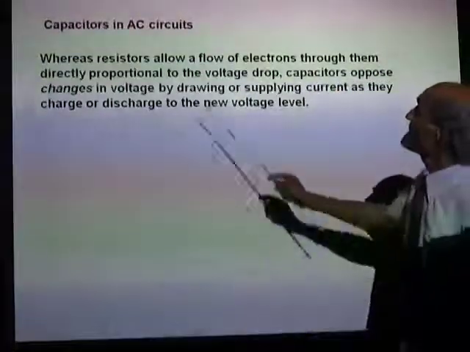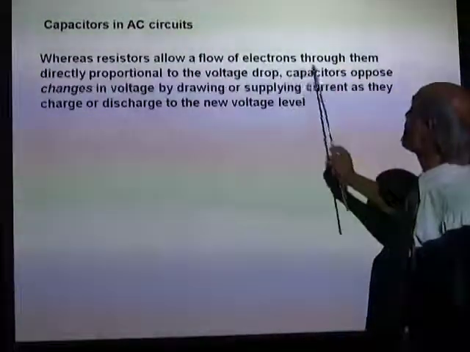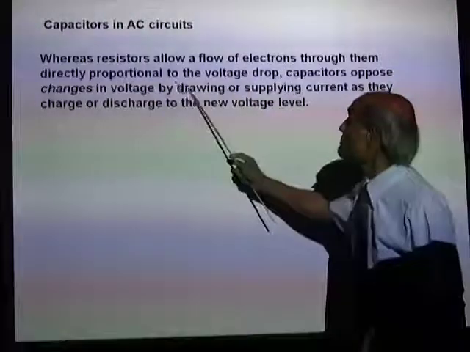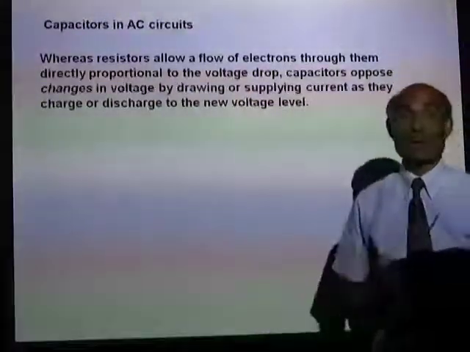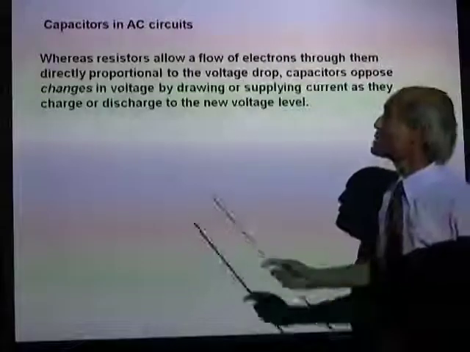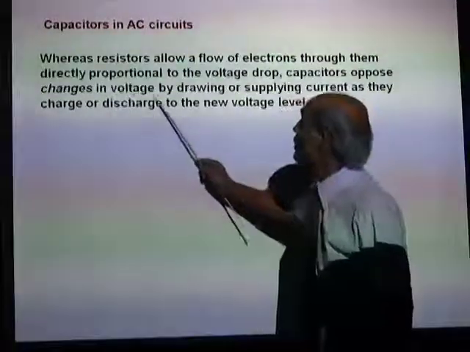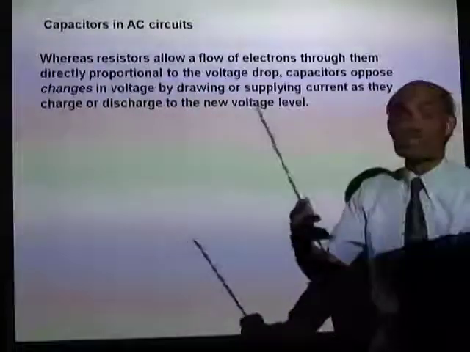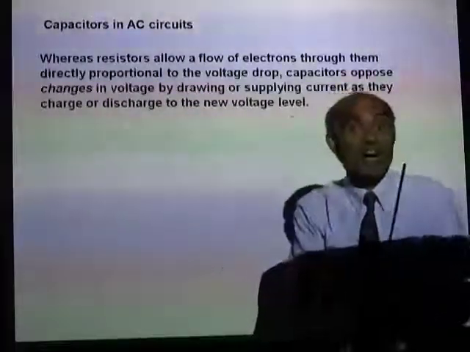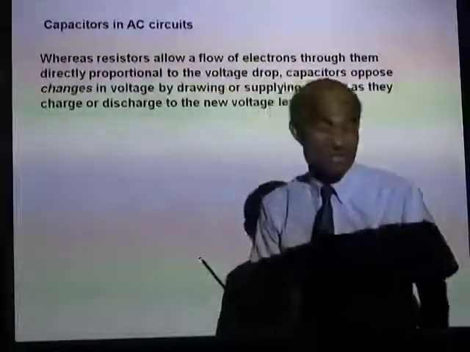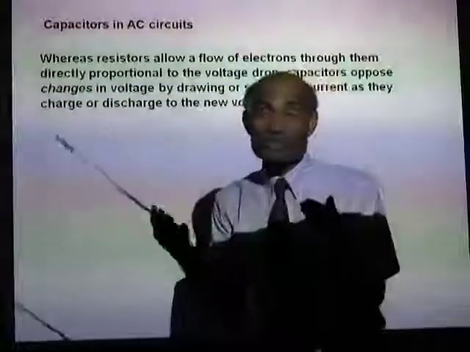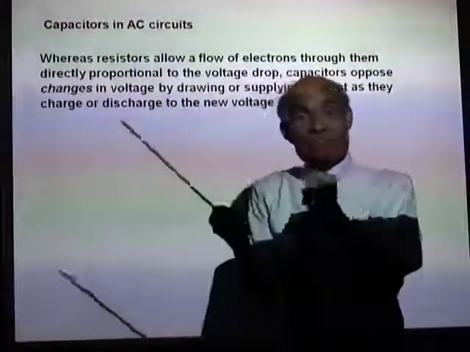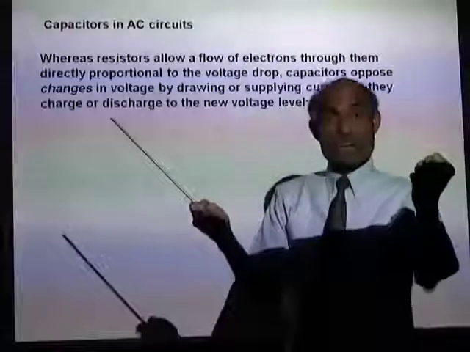Whereas resistors allow a flow of electrons through them directly proportional to the voltage drop, capacitors oppose change in voltage by drawing or supplying current as they change, as they charge or discharge. You see, a current flows through a capacitor only when it gets charged or discharged.